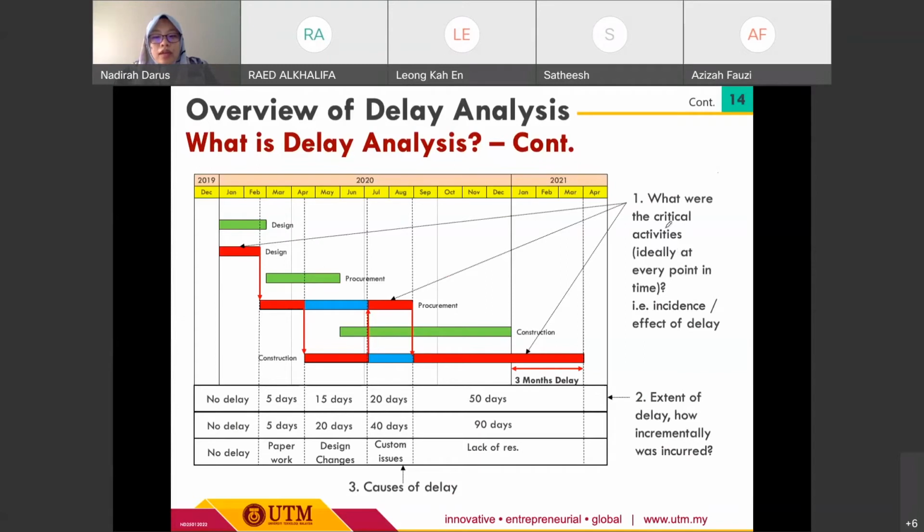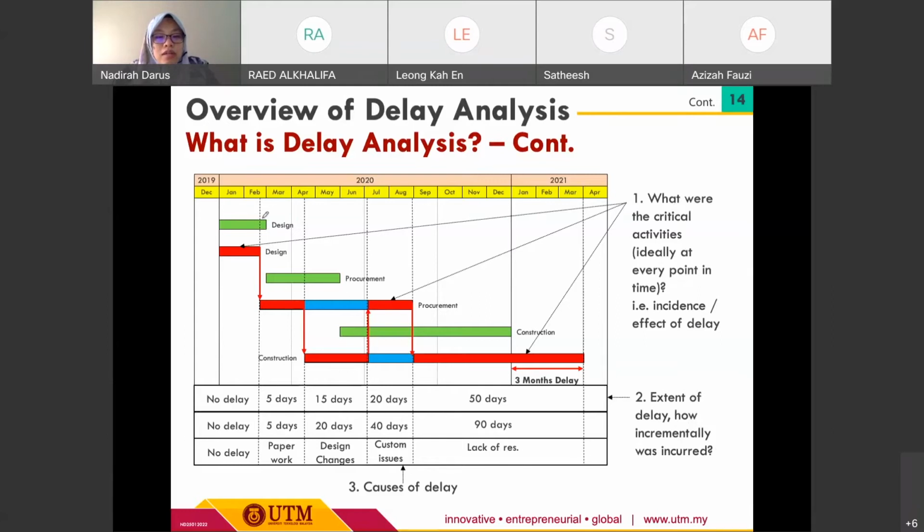We need to identify which activities are actually the critical ones, so that it's very helpful for us to have a proper delay analysis. And then we need to know the extent of delay, how much incremental delay was incurred, so we can have a good view of the delay condition for each of these activities.